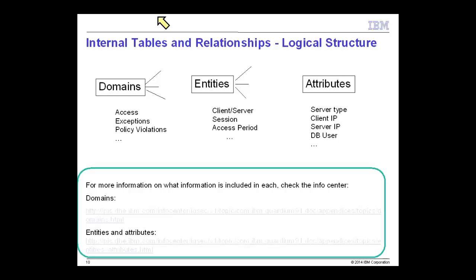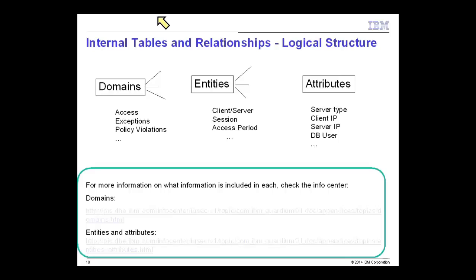The access domain has entities that are the client server, the from and to, who accessed which database, the session every time we connect, and the access period, which is the actual request at the construct level that was issued within a certain session and within a period of time. We divide it into periods of 1 hour.